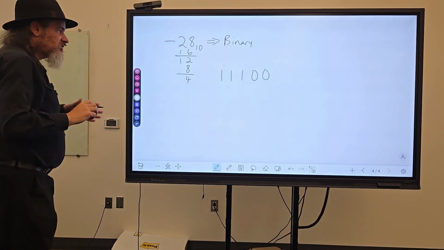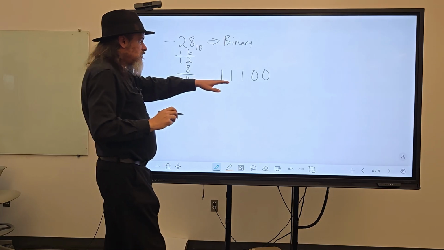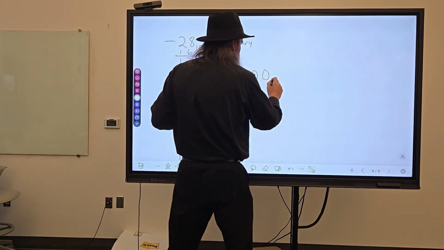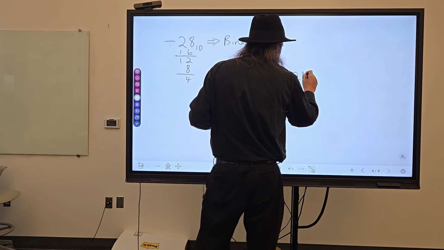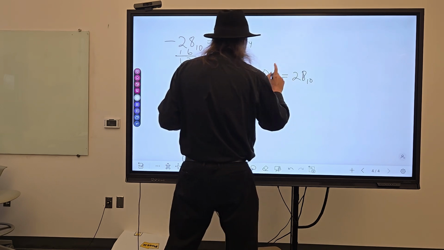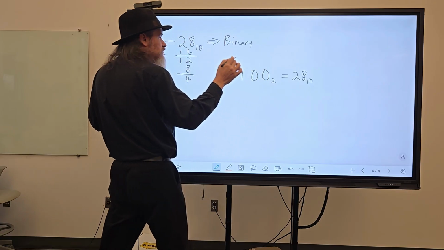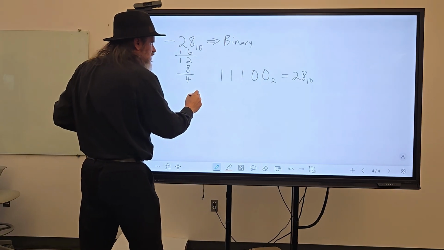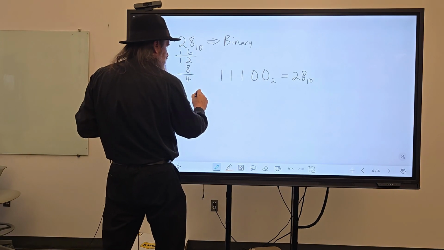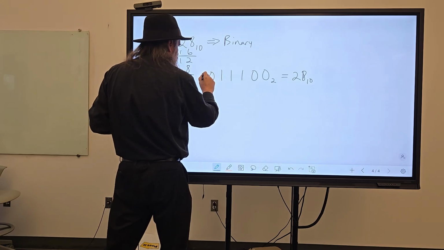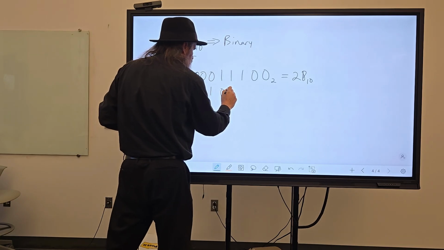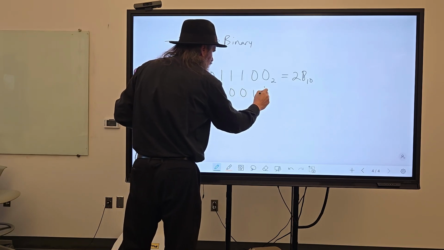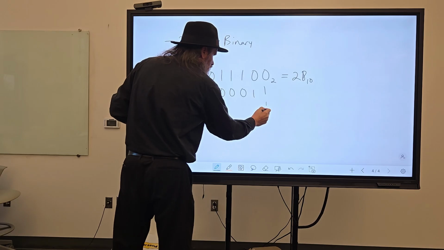So that's your 28 in binary equals 28 base 10, and then to make it negative, add 3 leading zeros, invert, and then add 1.